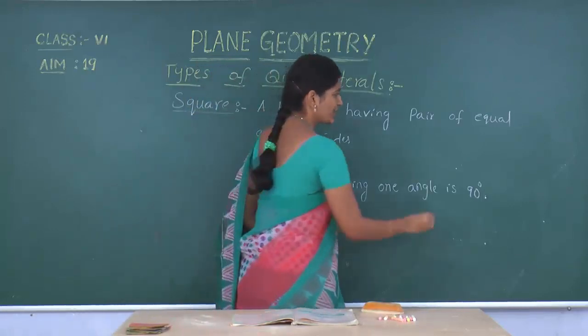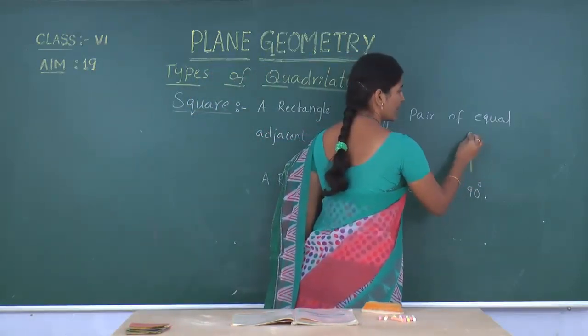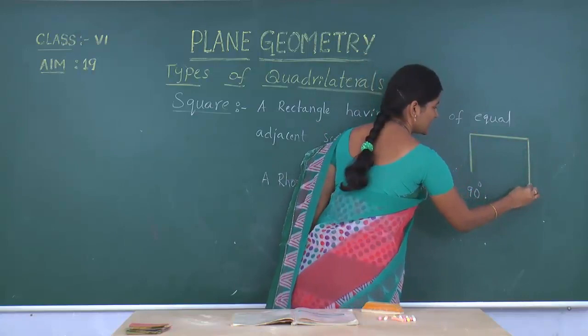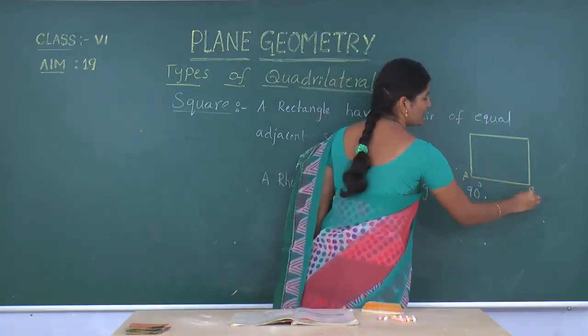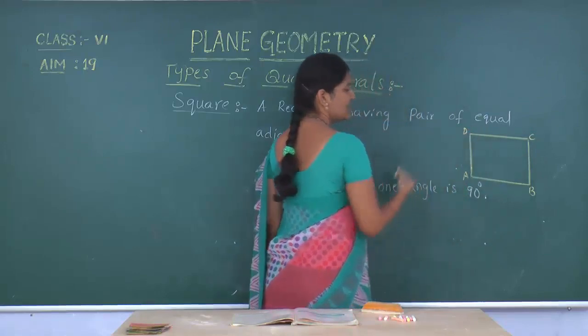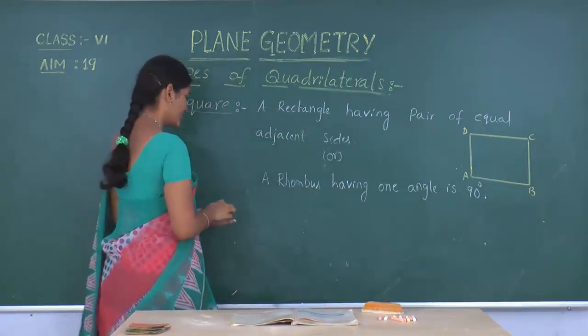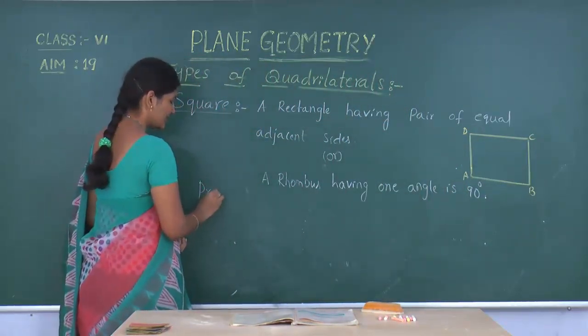Now let me draw the figure of the square, and this is the square, a well known figure, A, B, C and D. Let us discuss their properties.